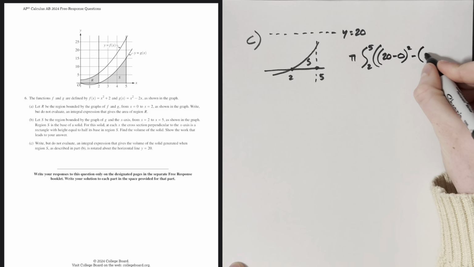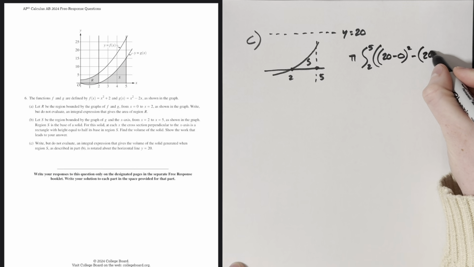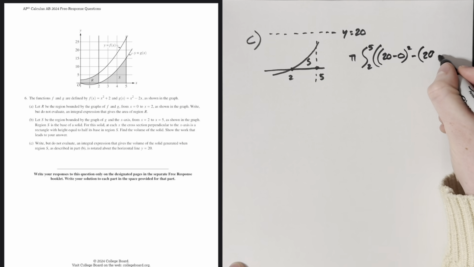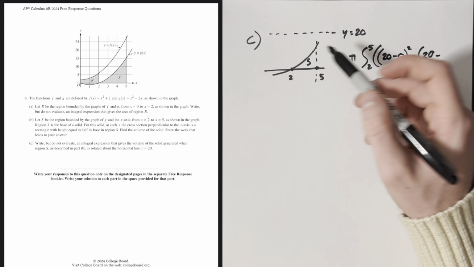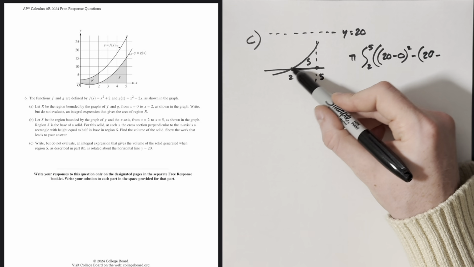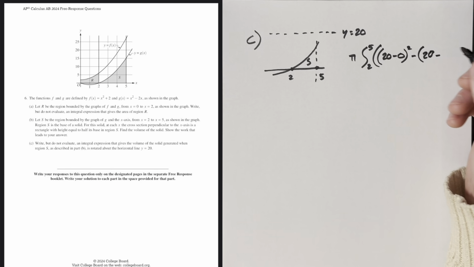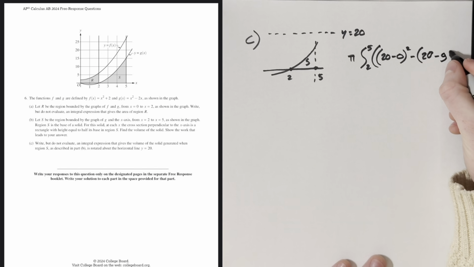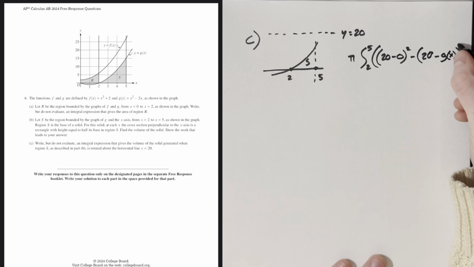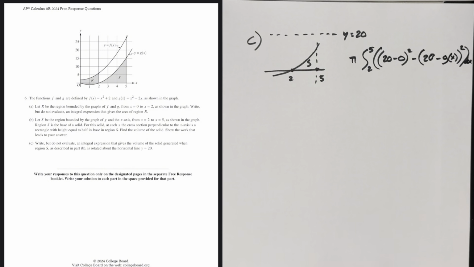Minus my distance, 20 once again, minus the value of my inner radius, right? Which in this case is equal to this function, g of x, which I'll just write as g of x for now. We get this dx. Sorry, it's getting cramped.